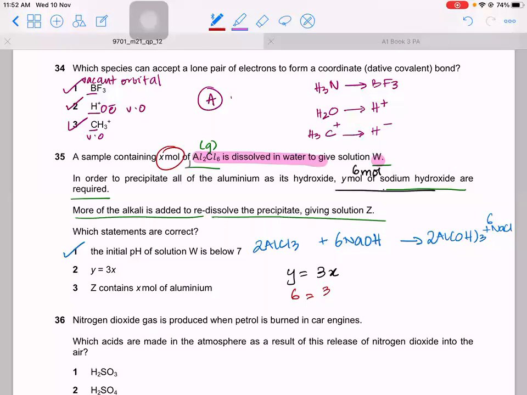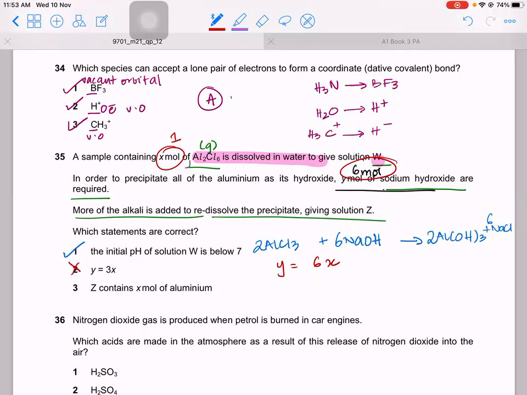How many moles of Al2Cl6 are we taking? 1 mole, because 1 mole of Al2Cl6 gives you 2 moles of AlCl3. So X is 1. So is 6 equal to 3? No. If anything, it is equal to 6X. Can I say Y is equal to 6X, where Y is 6 moles and X is 1? Do you understand this? So it is not equal to 3X, it's equal to 6X.